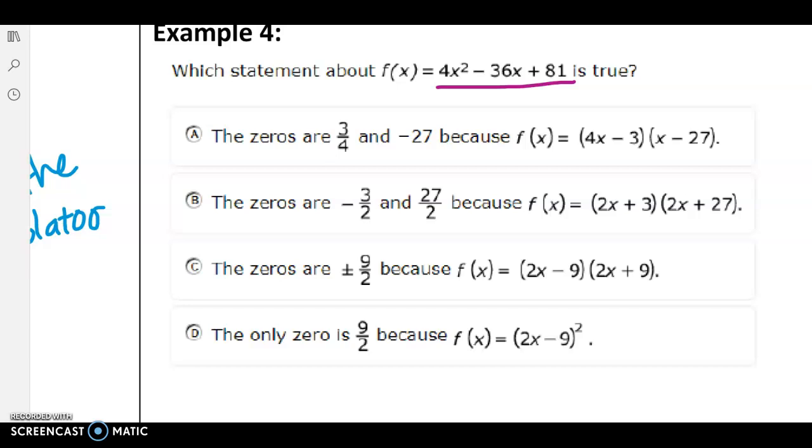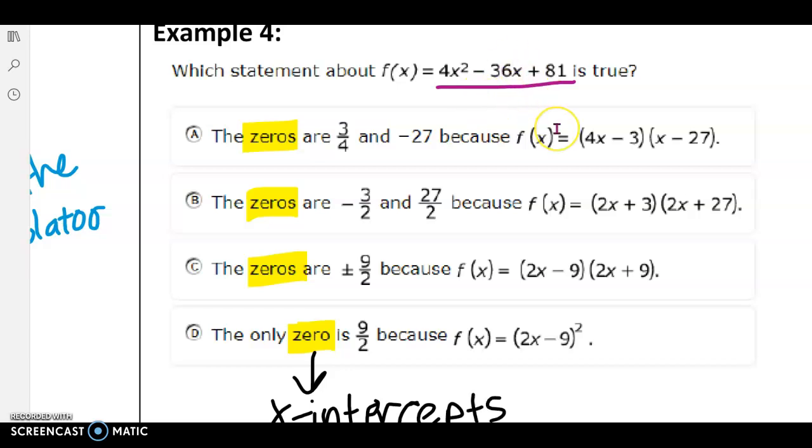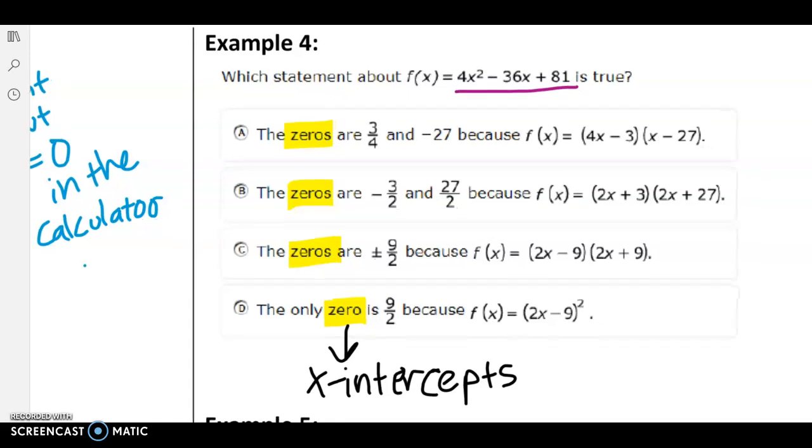Look at the front of the answer choices, zeros. Zeros, remember, is just another word for x-intercepts. So type in the original equation and then go ahead and find those x-intercepts and see what they are, okay? So let's go ahead and pause the video and give it a try.